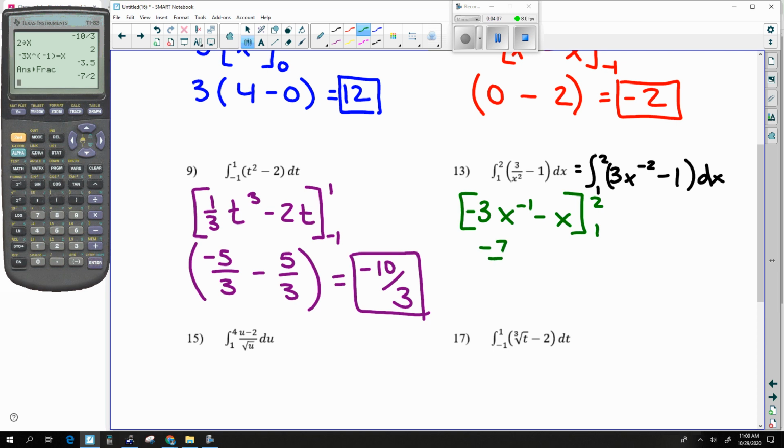So -7/2 minus the evaluation at 1, which is -4. So this is -7/2 minus -4, I guess. So that's 1/2.